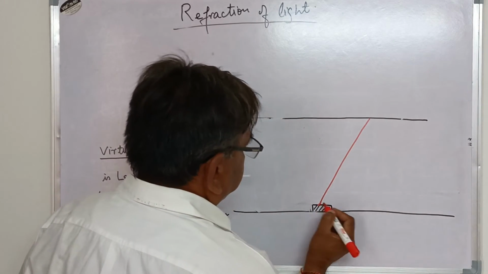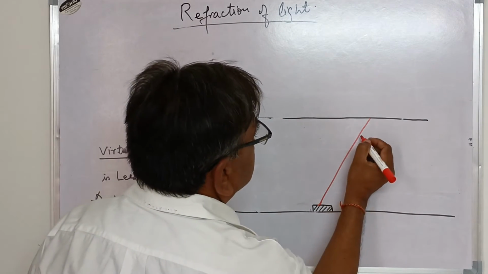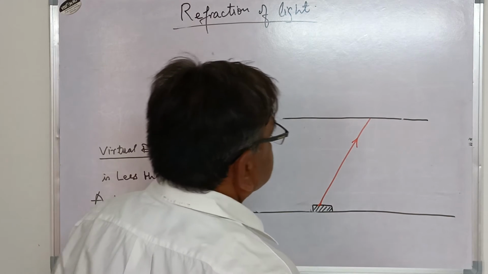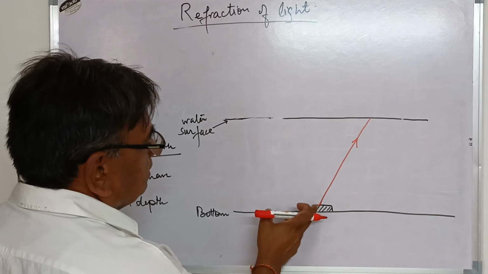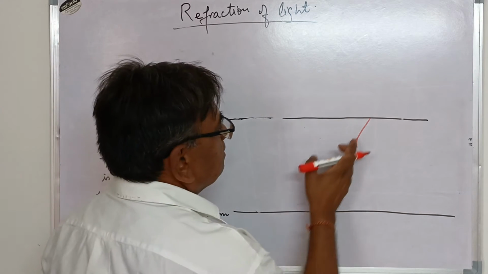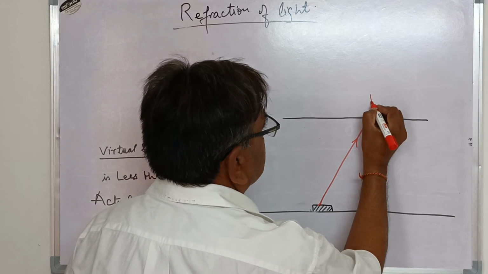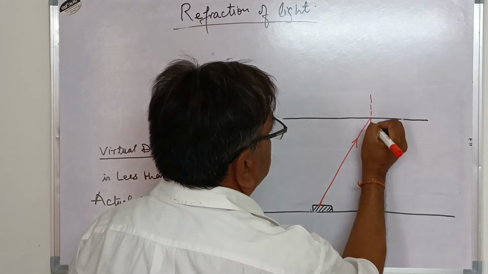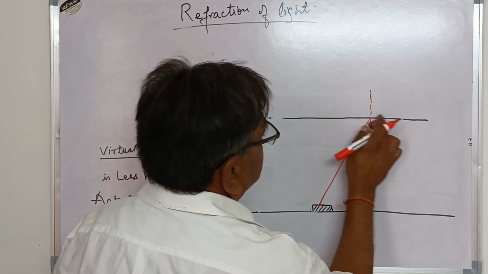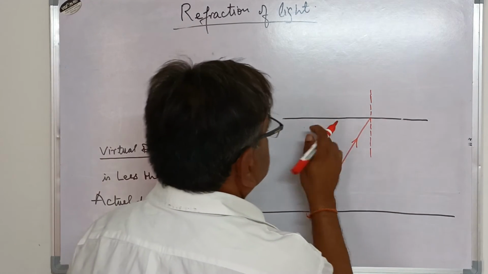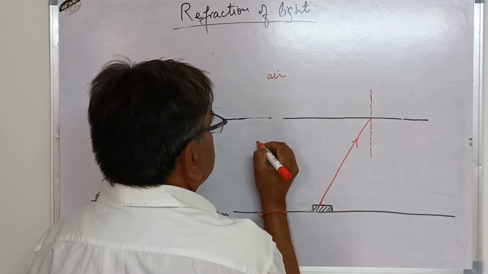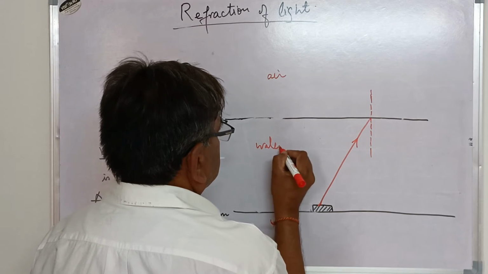Now, as I have studied, this is the incident ray. The light ray starts from here and reaches the boundary of the two surfaces, where the two surfaces meet. This is the interface, the water level. So this side is air and this is water.